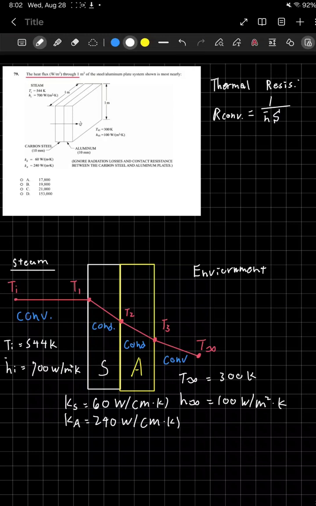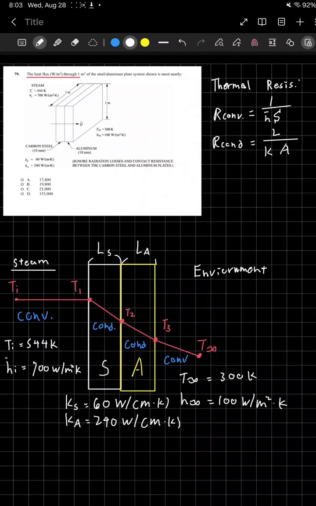So that is the thermal resistance of convective heat transfer. Conductive heat transfer is very similar, but different. It's the length over the thermal conductivity K times the cross-sectional area. Okay, so now once we have our equations, I'm going to start writing our thermal resistance network.